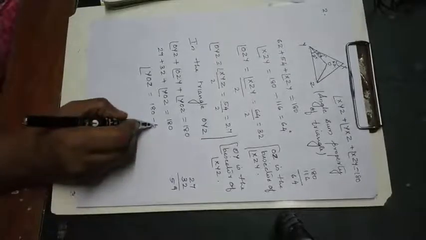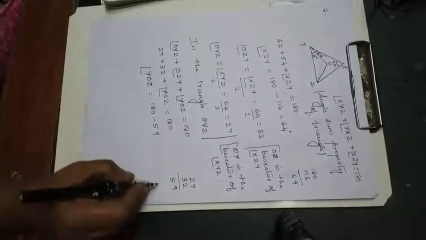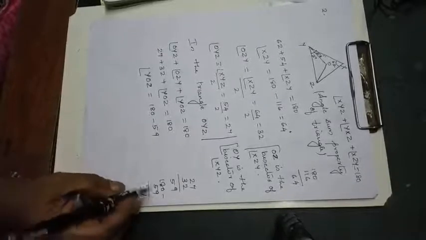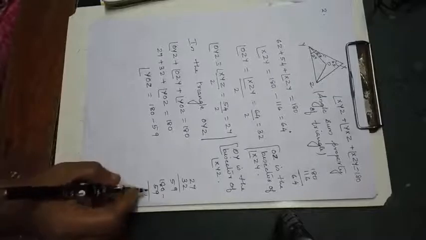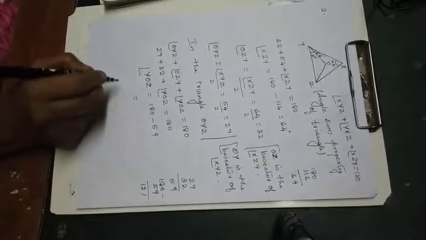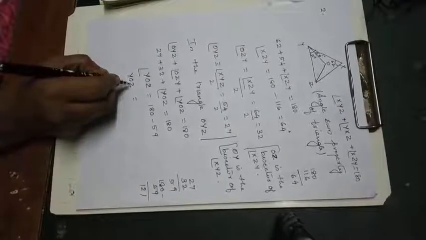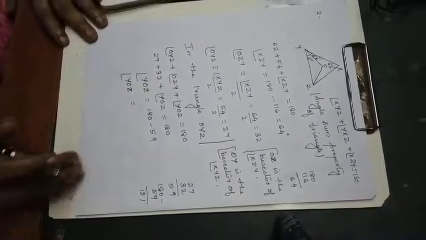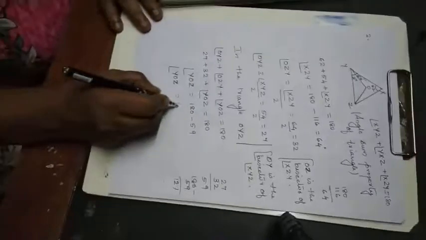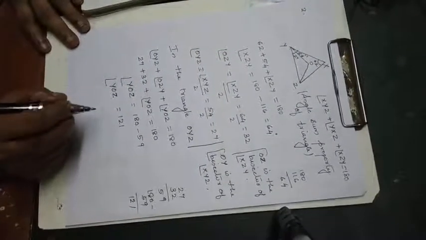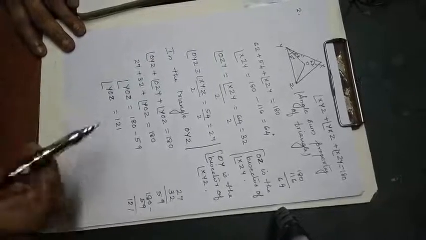So 59, 180 minus 59, YOZ will be equal to 121. Okay, so that also you got.